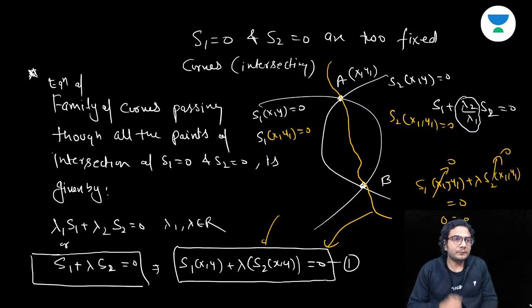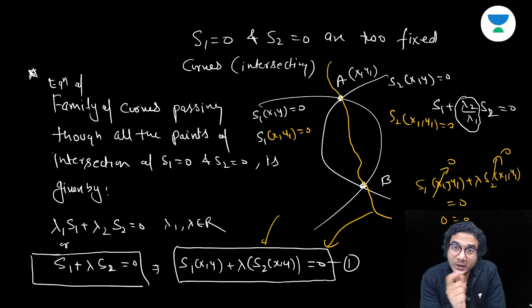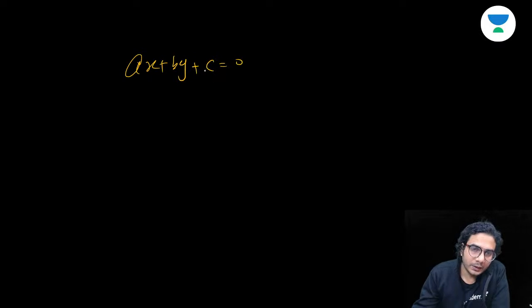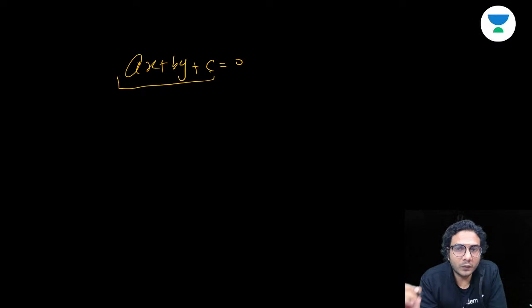But now let's come back to lines. The equation of a line is linear, of this type: ax plus by plus c equals 0. This equation always represents a line. This is a linear expression in x and y, so a linear expression of x and y always represents a line.